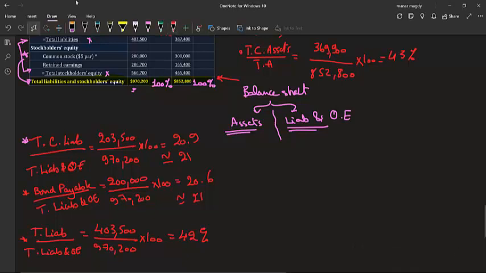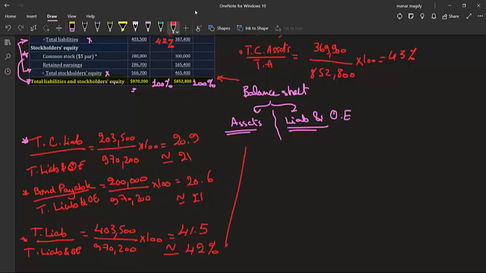Or to be more specific, it is going to be 41.5. So if you approximate it, it would be 42%.